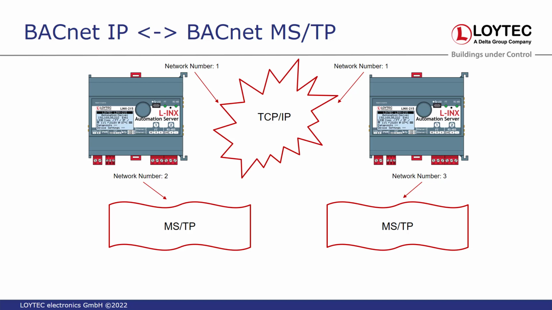Other than that, the routing function is active per default, and the whole configuration regarding the BACnet MSTP side is done via the WebWire, and then the data points are scanned via links configurator. So maybe good practice is start with one on the IP channel, and your MSTP channels then are 2, 3, 4, 5, 6, something like that.